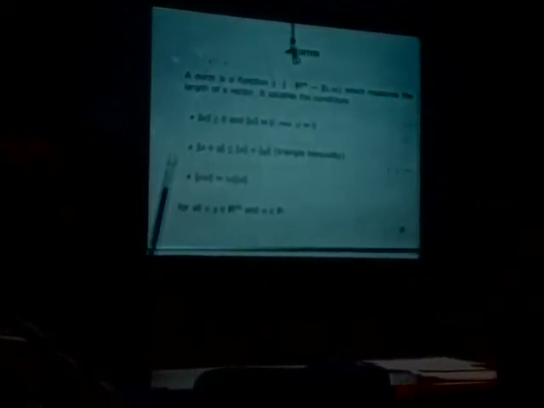So it's more or equal than 0, as I said, but also whenever it is equal to 0, then x must be equal to 0. Okay? This is the first requirement. The second requirement, which is called the triangle inequality, is that the norm of x plus y is less or equal than the sum of the norms of x and y. Okay?